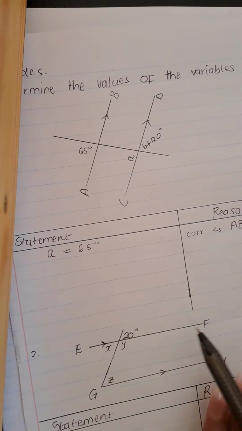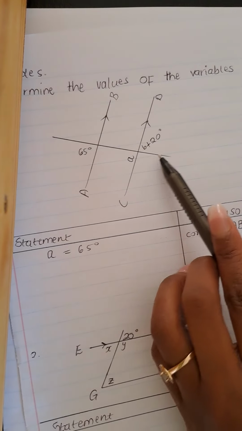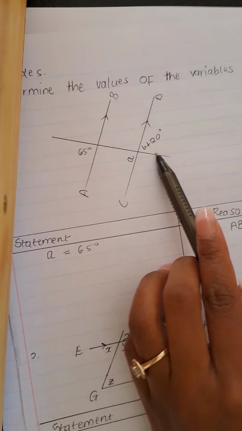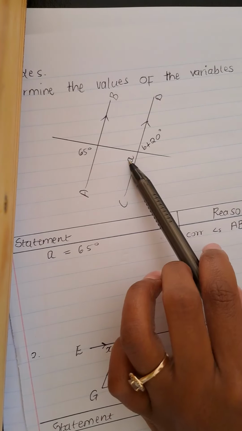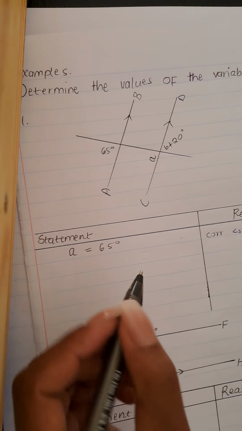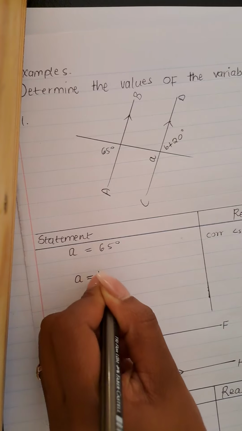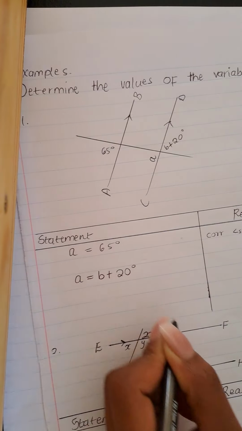All right, since you have lines that cross like that, it forms more like an X shape. That means A is equal to B plus 20 degrees. So you will say A is equal to B plus 20 degrees.